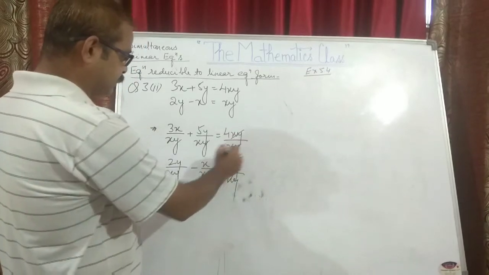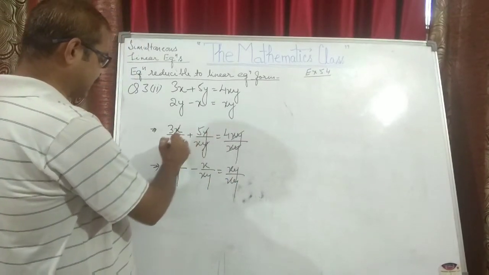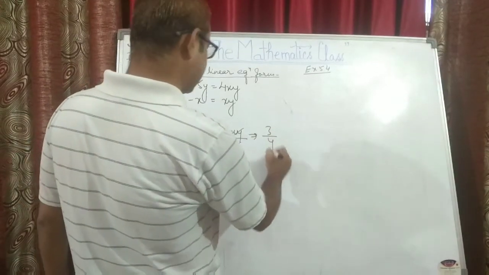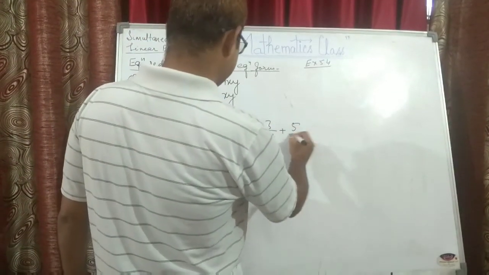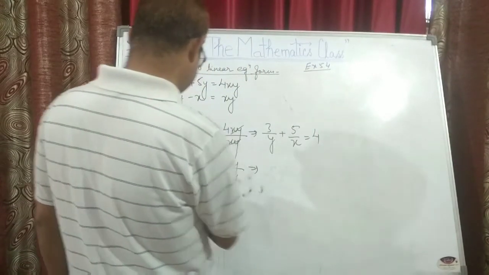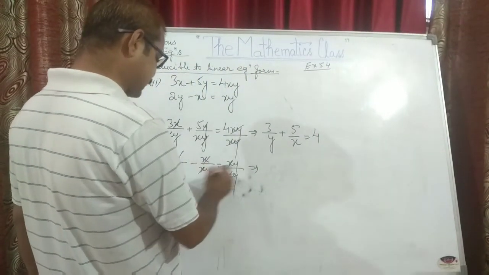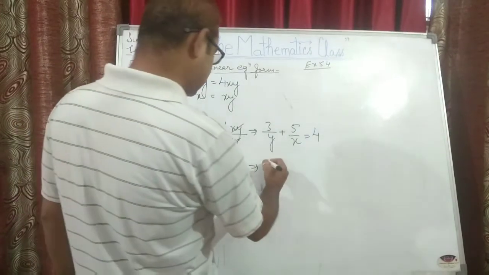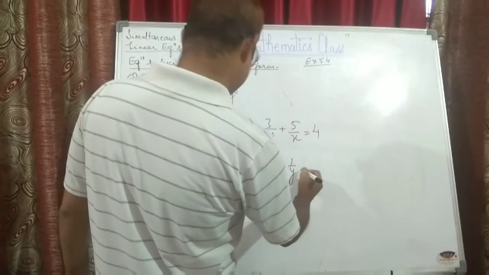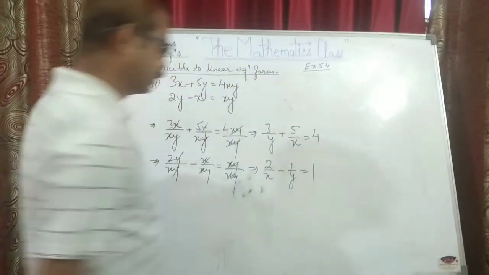So xy cancelled, y cancelled, x cancelled. You got 3 upon y plus 5 upon x is equal to 4. This can be written as 2 upon x minus 1 upon y is equal to 1.